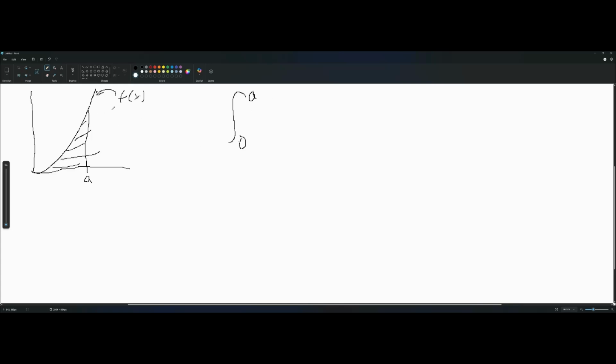So we can say that this is equal to the integral of f of x dx. But before we even get to talking about it, let's see how we derive this. There's something we call Riemann sums, okay?